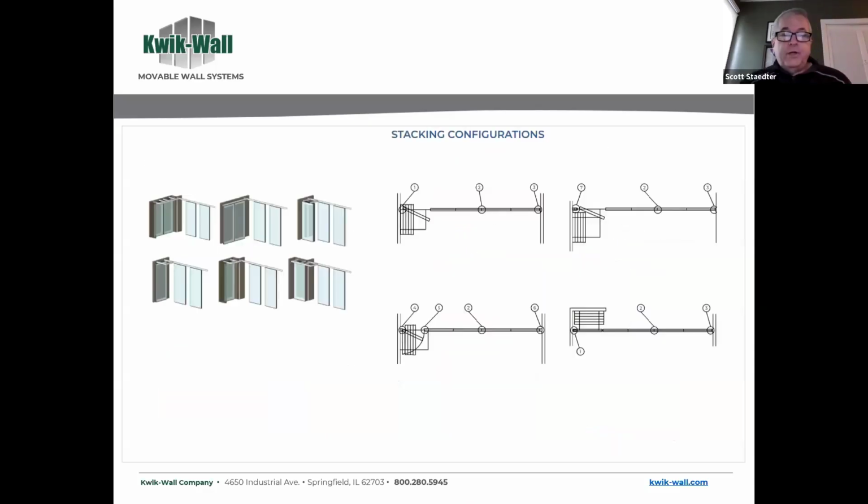When you're working with a supplier, whether it's QuikWall or somebody else, make sure that all these different stack configurations have layouts you can go to, both from a CAD perspective and from a Revit or BIM perspective.